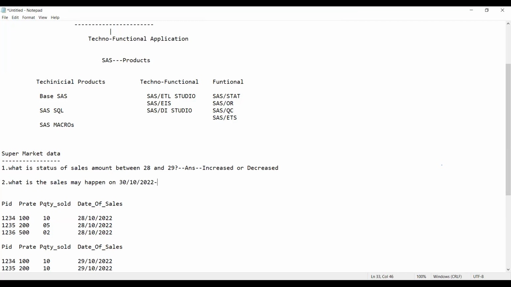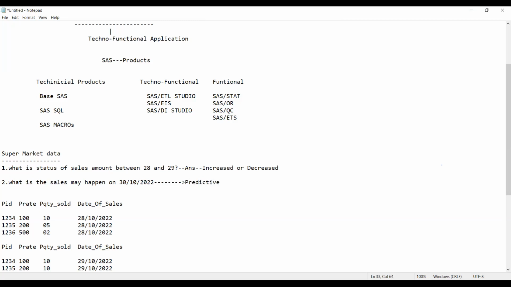Can you tell me the answer for that? They wanted to know the sales in the near future. This is called predictive analysis. Am I right, guys?